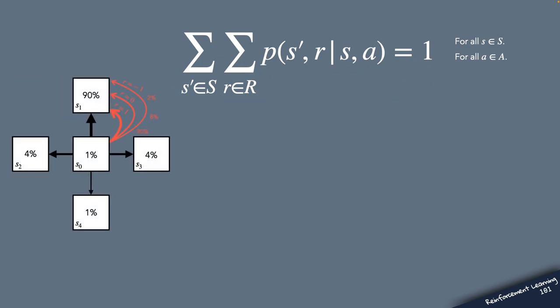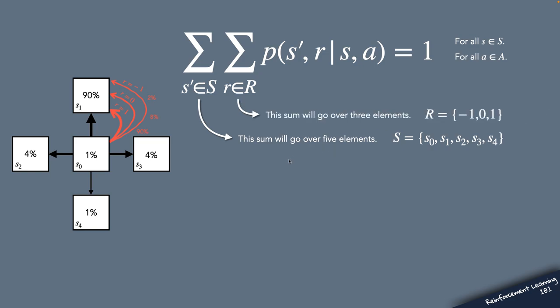In the case of our example grid world with just 5 states, this first summation will go over 5 elements from S0 to S4. The second summation will go over 3 elements, -1, 0, and 1. And notice that these probabilities can potentially be 0 for some states and some rewards.